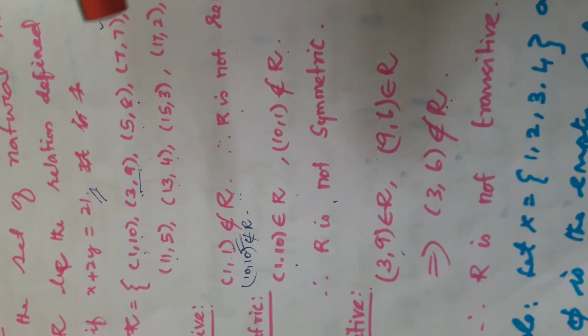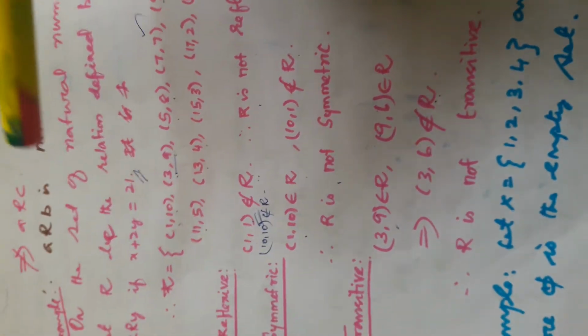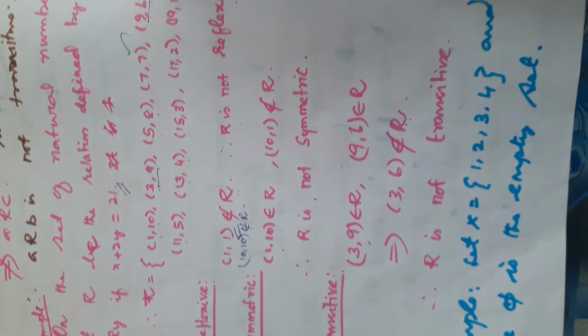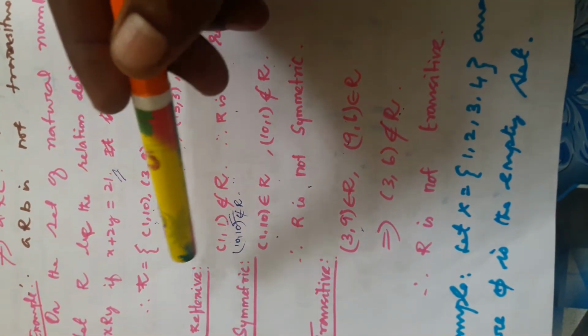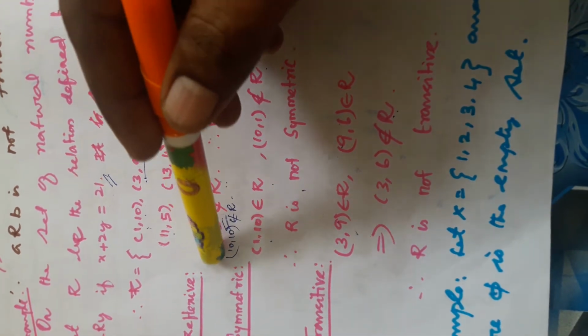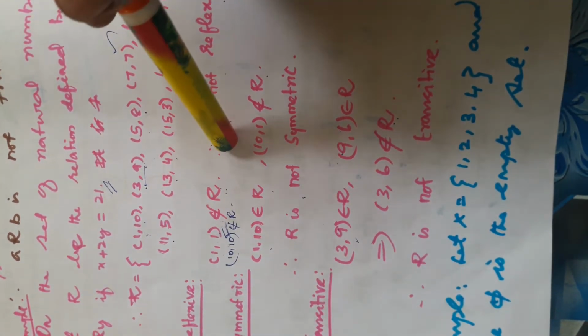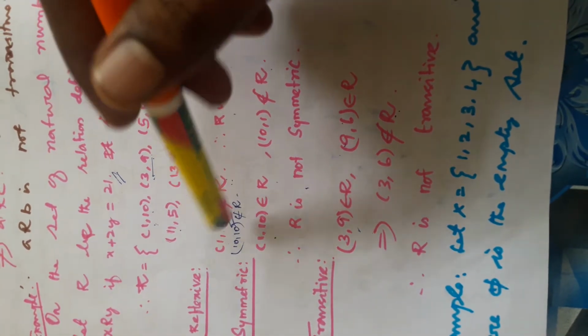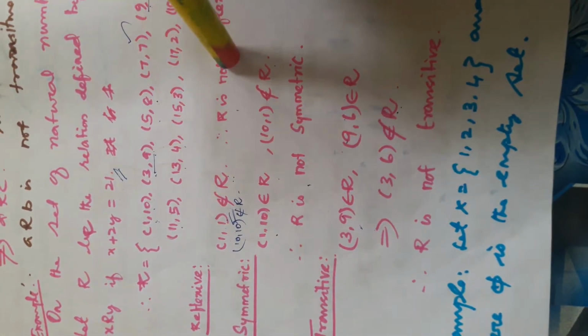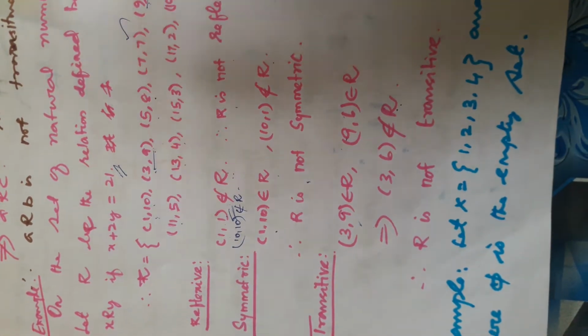Students, listen carefully. So this is your set. For reflexive we have to see 1 comma 1, 2 comma 2, 3 comma 3, 4 comma 4. If all the elements belong to R, we can say R is reflexive, otherwise R is not reflexive.